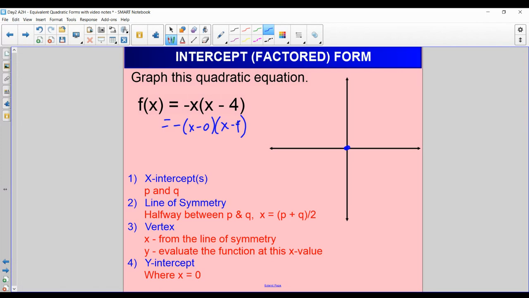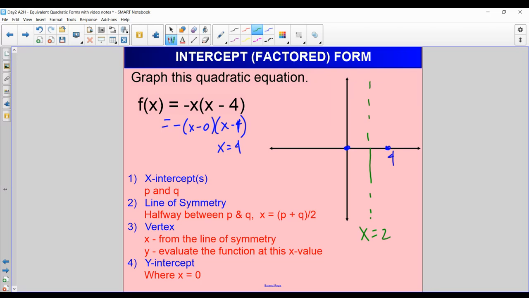My second one, x minus 4, tells me if I solve it, I have x equals 4. Okay, then I'm going to find the line of symmetry that is halfway in between. So that's at x equals 2.